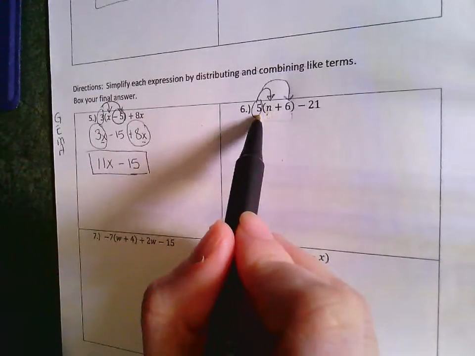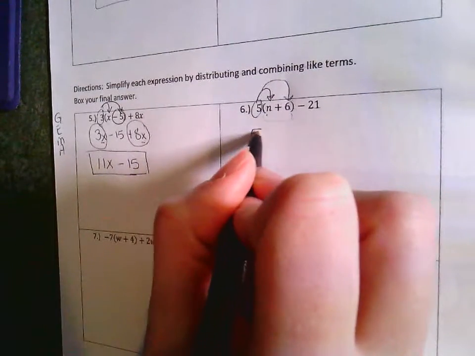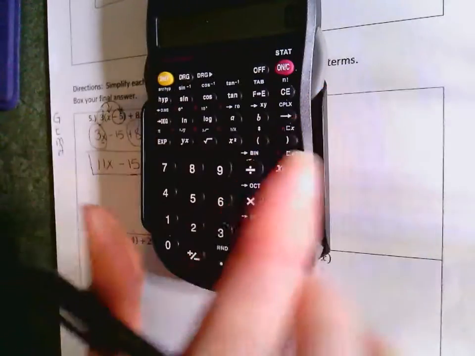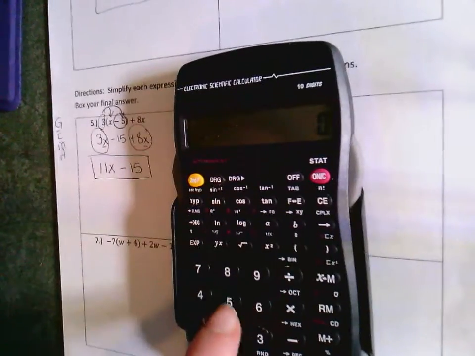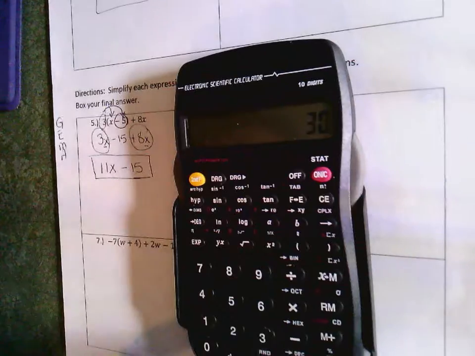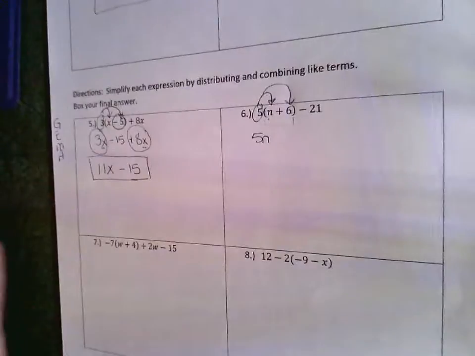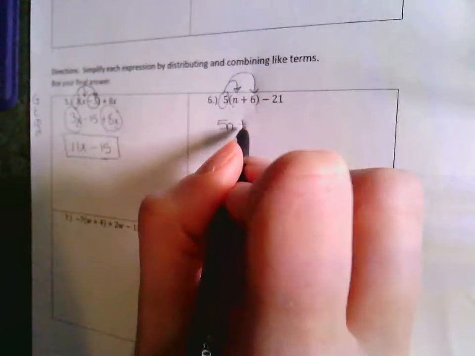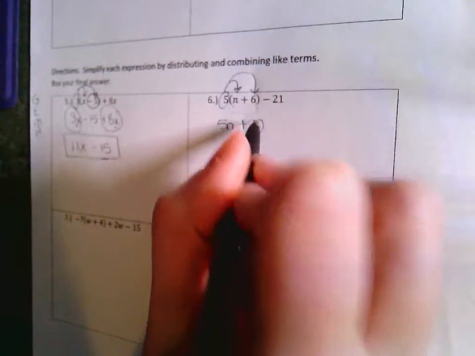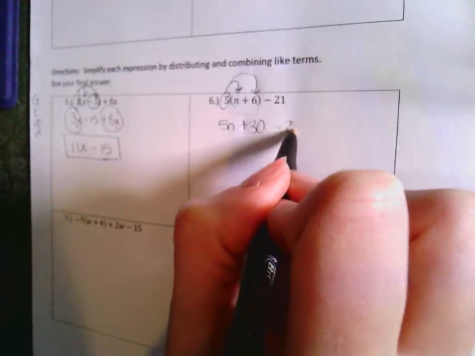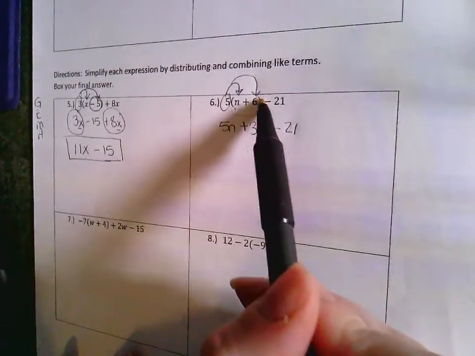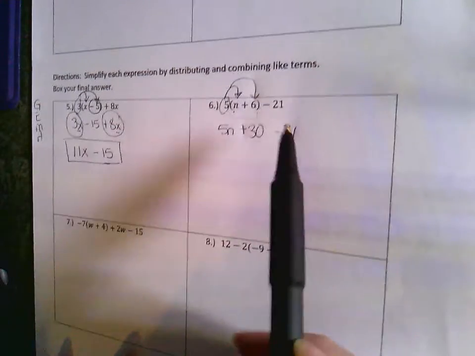So 5 times n is 5n. 5 times 6, if you're not sure, you can stick it in your calculator, is 30. I'm going to put plus, because 5 times positive 6 is a positive number, plus 30, and bring down my 21 because it's left over. It wasn't part of the multiplication, but it's still part of the new expression.